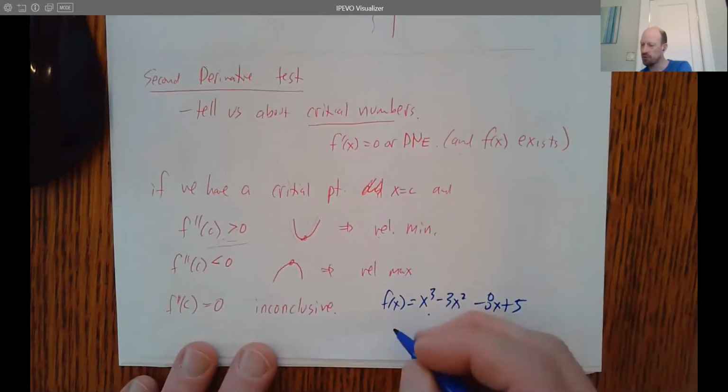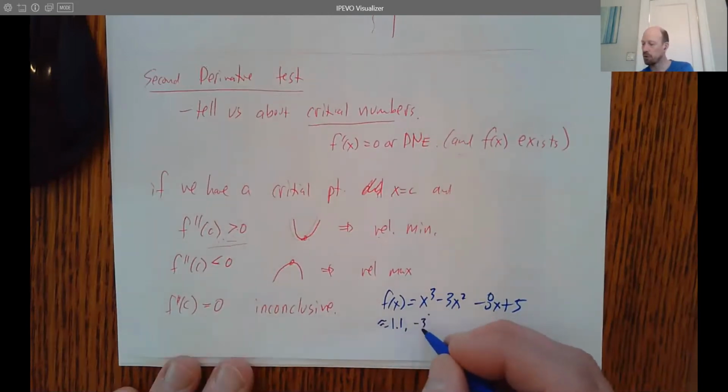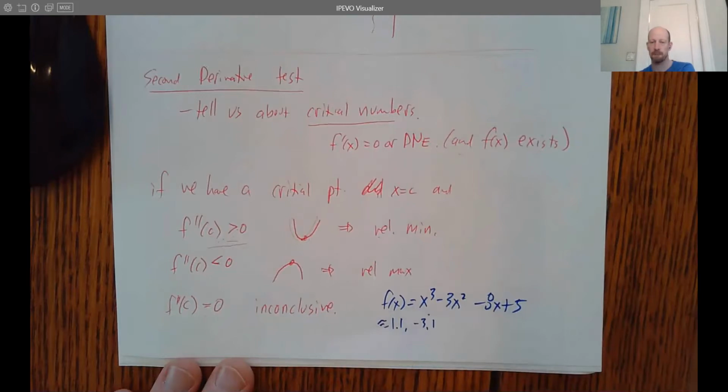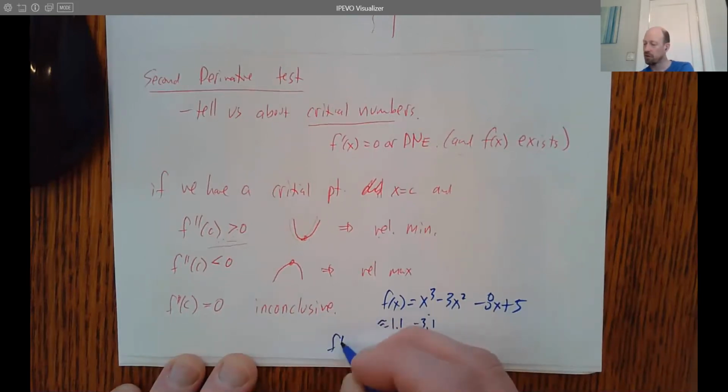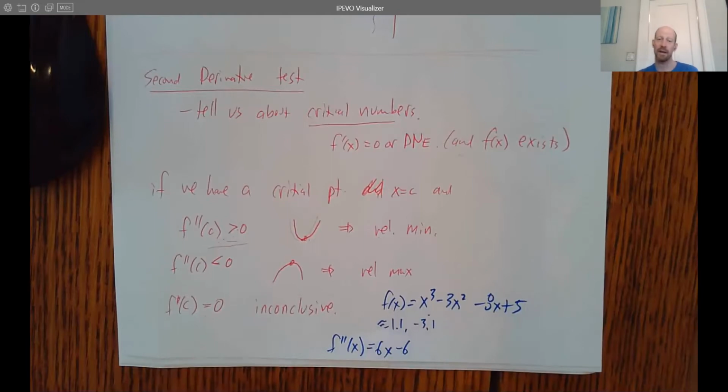Our critical numbers here, again, this is why I should have maybe redone it, I hate to have to reuse these bad estimated critical numbers, but they were a negative 1.1 and 3.1. Those are the critical numbers. And my second derivative was 6x minus 6. That was a second derivative that was really easy to find.